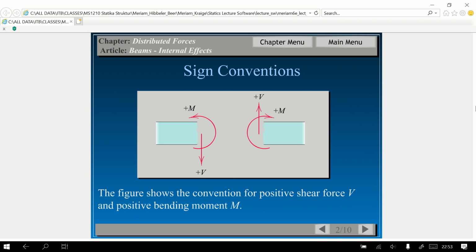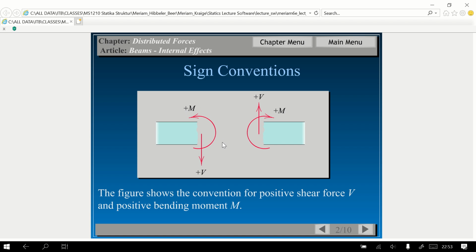Yep, this is correct. As you can see here, this is the sign convention, which you can find in the Meriam book. Whenever we analyze the internal force or the internal moment on the right side of a particular cut, the positive moment is counterclockwise and the positive shear force is going down.